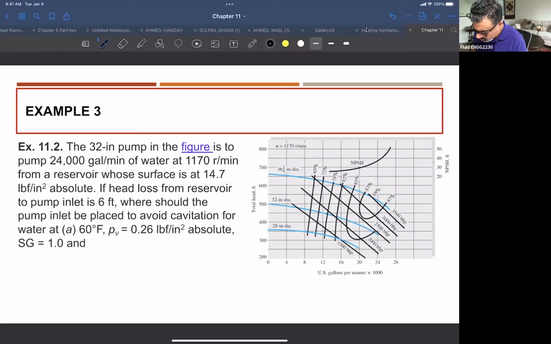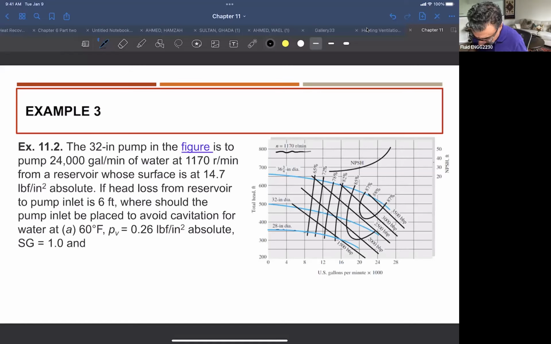Okay, so I have a chart like this, and the chart is given for this pump at the speed, with different impellers. If you remember, we talked about this before. So this is actually a chart for 3 impellers, like a pump that if you use an impeller inside, 28 inches, or 32 or 36 inches.